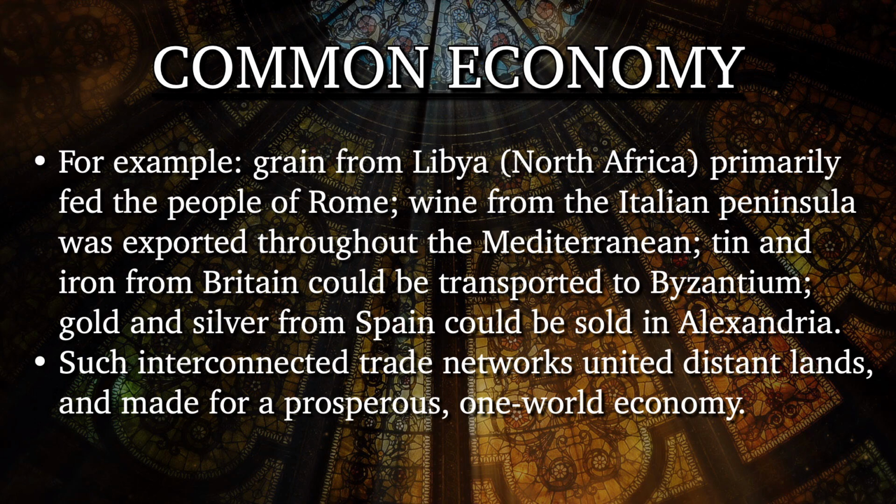That was made possible by land transport and particularly naval transport. Meanwhile, the Italian peninsula was able to export its famous wines all over the world. You have examples, of course, of tin and lead and iron from Britain being exported all the way across to Alexandria, Egypt. You have gold and silver from Spain, Hispania as it was called, the Iberian Peninsula, being sold at market in Laodicea or in Pergamum or anywhere in Asia Minor.